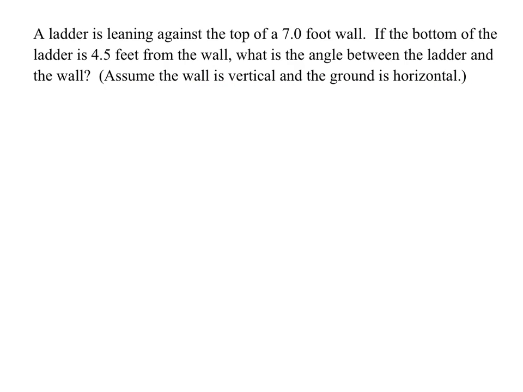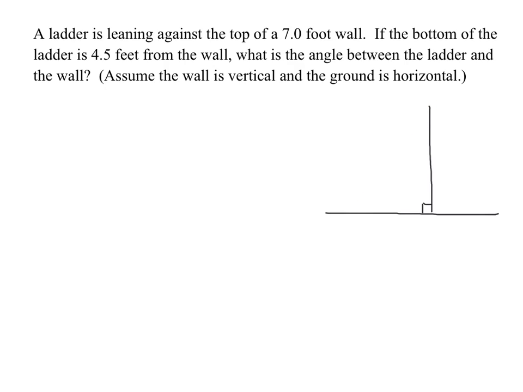So what we need to do is draw a quick sketch. So there's my hopefully looking vertical wall. Here's my ground that's horizontal, so I'm definitely getting a right angle here. And I have a ladder that's on the ground that's leaning against the wall.